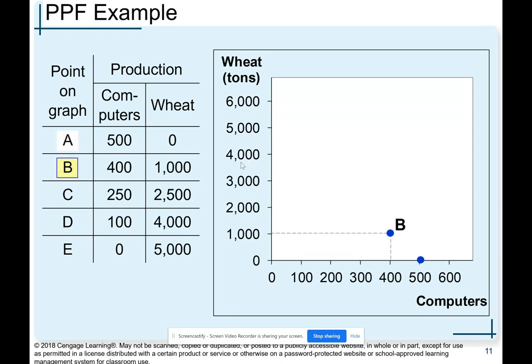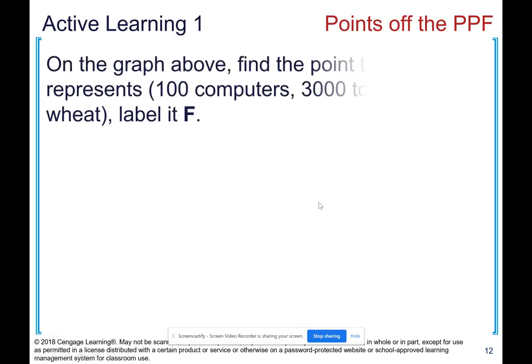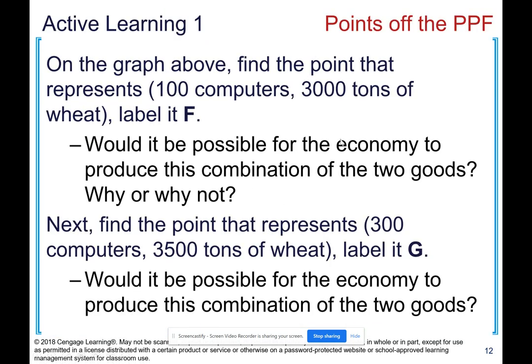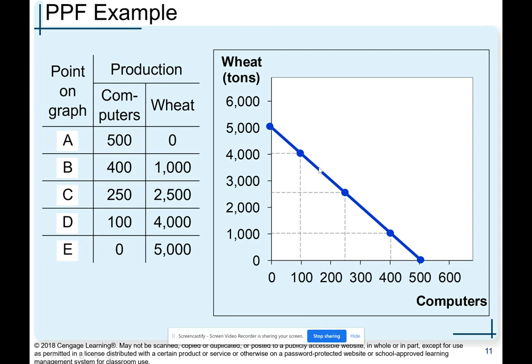And as you can see, we have point number A, point number B, point number C, D, and therefore we have a blue straight line that is called production possibilities frontier, a device that illustrates and clarifies the trade-off involved in the process of production and consumption. So, as you can see, it is a straight line, okay? Let us look at an active learning to try to understand what is demonstrated here in this graph.